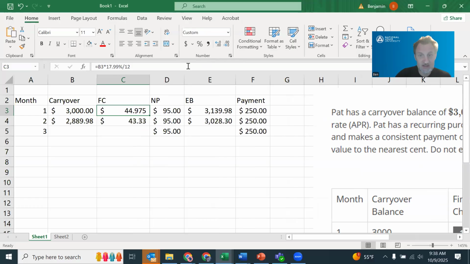So this is a sign, the check-in is a sign that I need to make adjustments. Now, this isn't what I would do in my workbook, but for the purposes of Newton and getting this right, I'm going to change this to 44.98 because that's what it should be. And now I'm on track again with this one. And just to be safe, I might go through and sort of retype all of these.